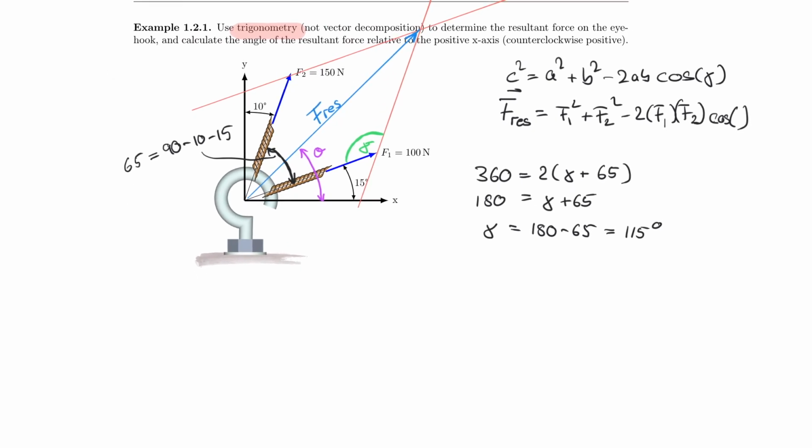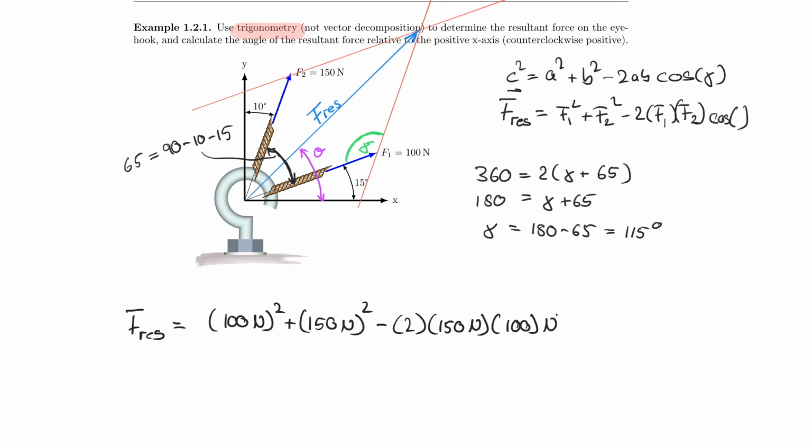So let's go ahead and do that. So let's say that F resultant is really equal to 100 Newton squared plus 150 Newton squared minus 2 times 150 Newton times 100 Newton times the cosine of 115 degrees.